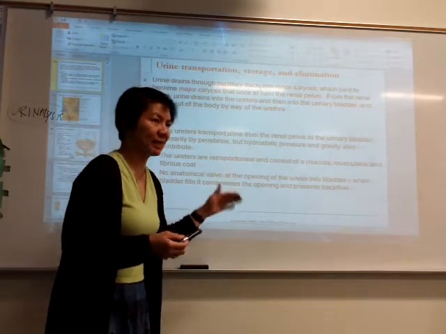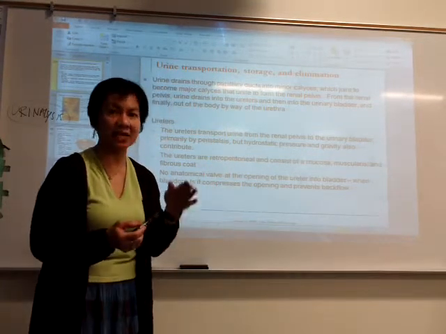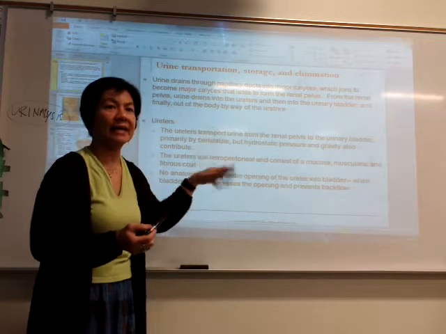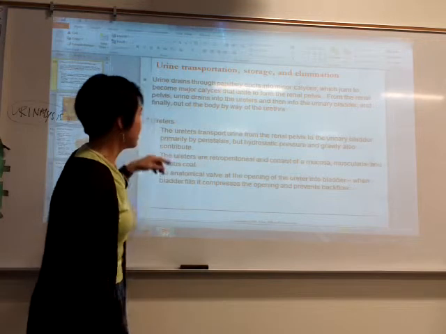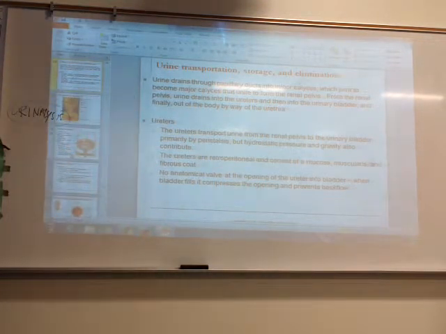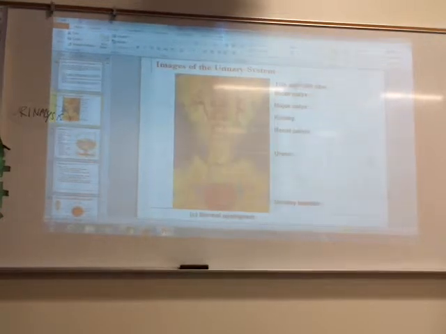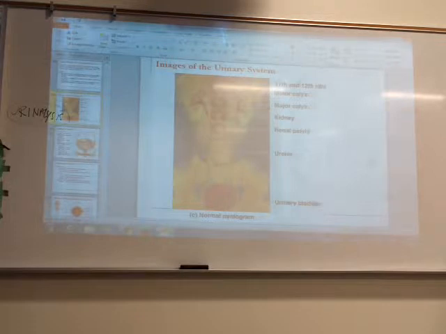The ureters, the bladder, the urethra, they have nothing to do with the job of your renal system. What does the ureter do? It just transports the urine from your kidneys right here to your urinary bladder.